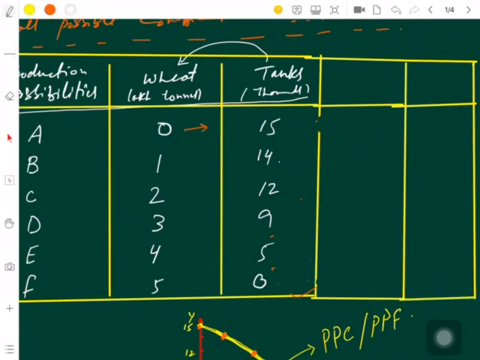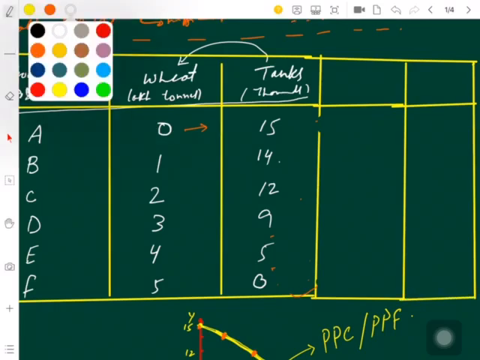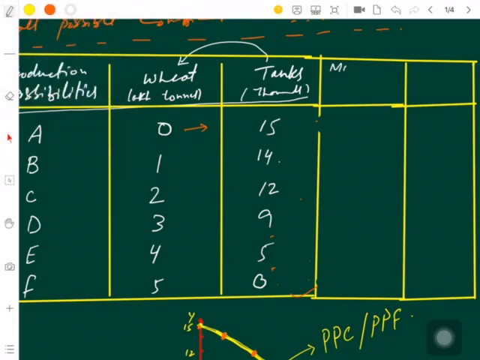And I'll name these two columns as, first one, marginal opportunity cost of wheat, okay, and this is what we are concerned about, basically the marginal rate of transformation, for which the formula was delta tanks over delta wheat.